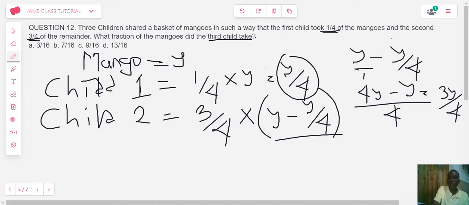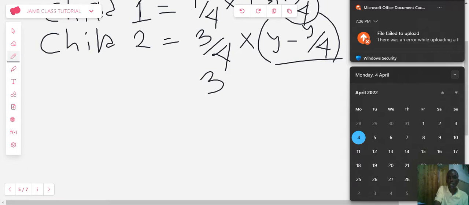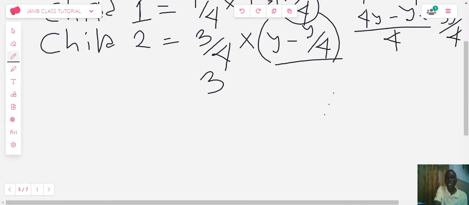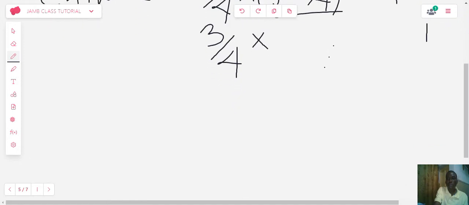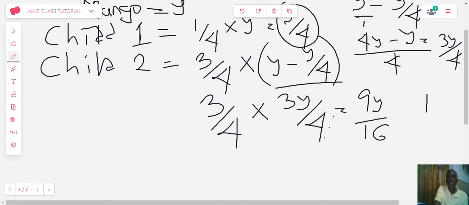Good. Now, if we bring that here, we're going to have 3/4 times 3y over 4, and that will be equal to 9y over 16.